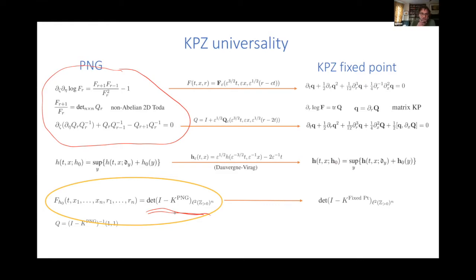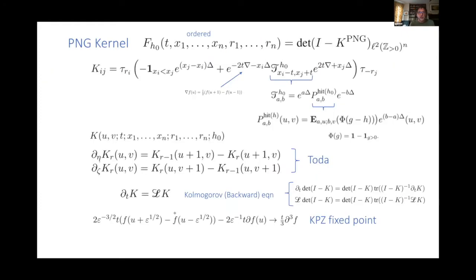So I want to show you this determinantal formula. Then there's an analogous determinantal formula for the KPZ fixed point. It's just a little bit easier to describe in the case of the PNG. Okay, so here come the formulas. It's a little bit shocking at first, but I'll describe everything here.